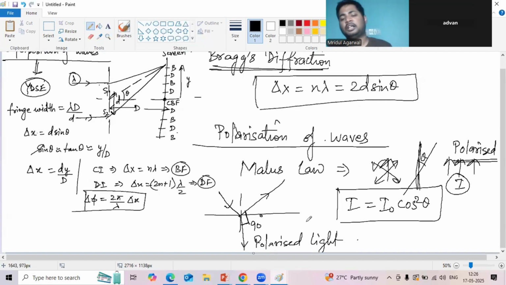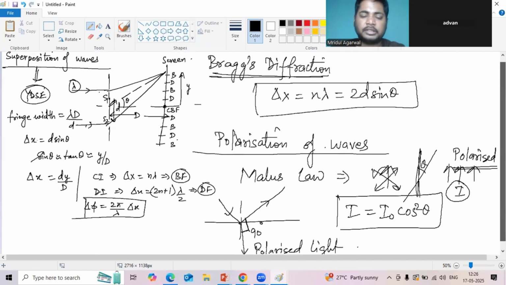This you should also remember. This is also one of the important laws in polarization. Remember these concepts.